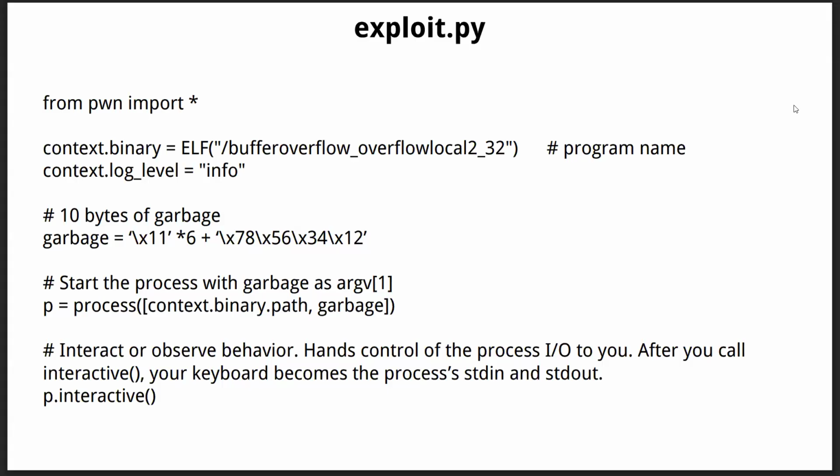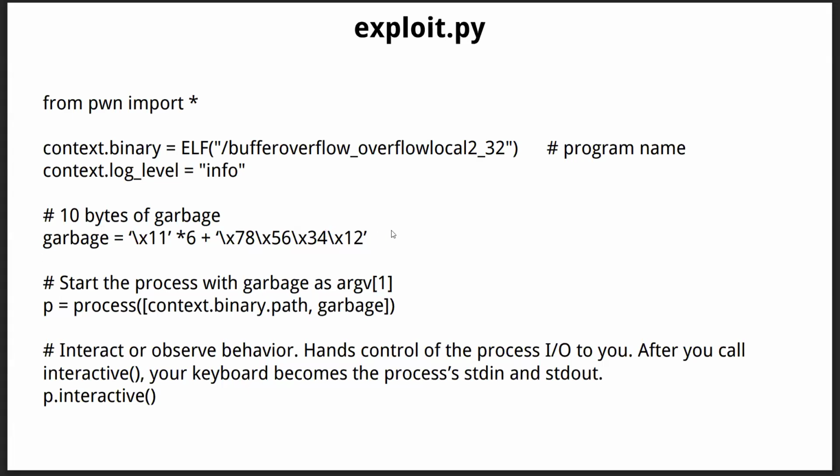You first import pwntools. Then there is a system configuration thing called context, provided by pwntools. Then you can do context.binary, then ELF, and the name. This is going to interpret the program. The debug level doesn't really matter that much.